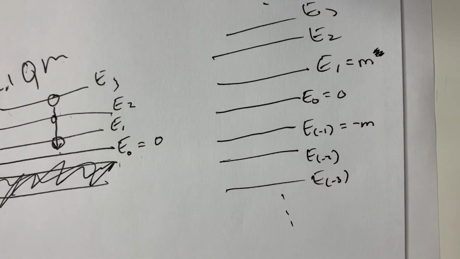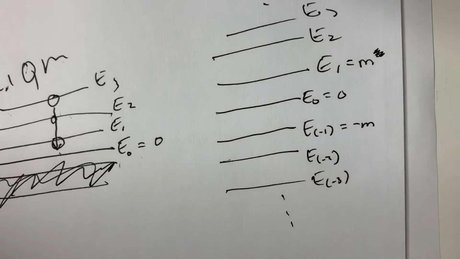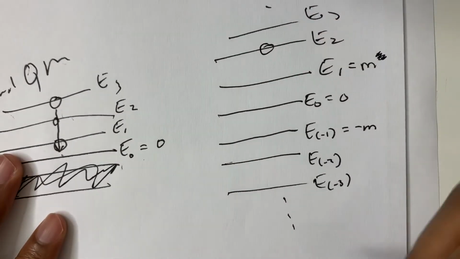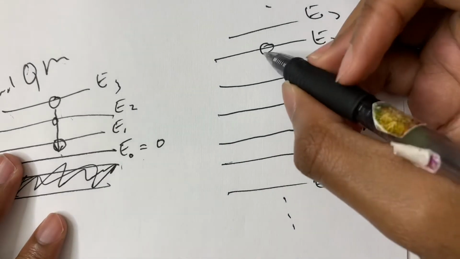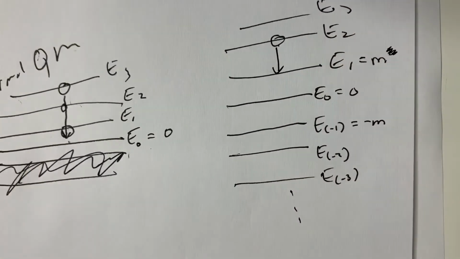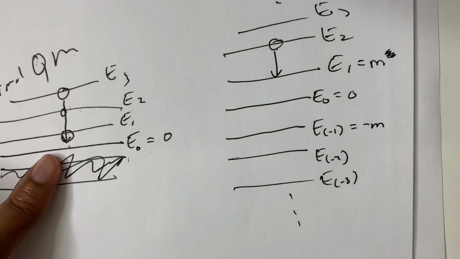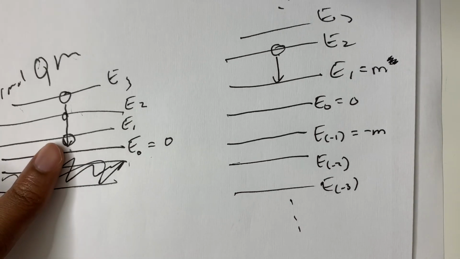Again, remember, the particle is much more likely to be found in the lower energy state. So the particle might be cruising at E2. It's going to drop to E1, right? Now in the regular picture, it would go down to E1 and stay there. It's done. There's nothing lower than that.